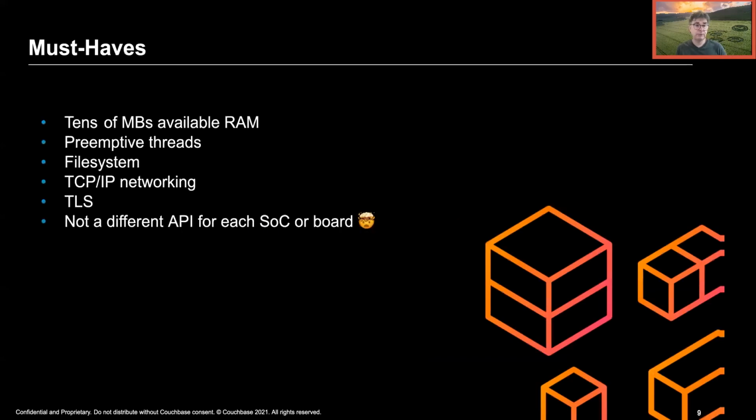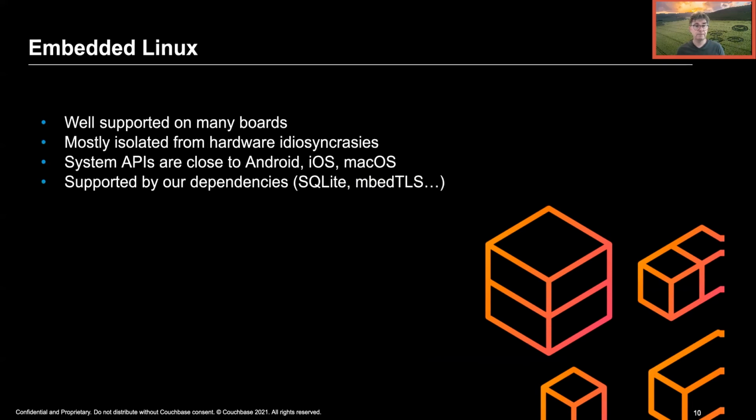So by operating system here, the important features that we need are having tens of megabytes, roughly, of available RAM, preemptive threading, a real file system, TCP/IP networking, TLS support, obviously, and not having a different API on every different board, as is pretty common in the smaller scale embedded systems.